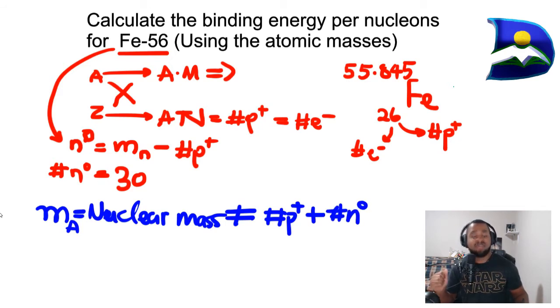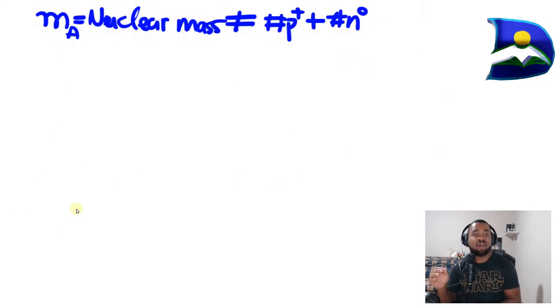And why is this the case? Because when we determine the mass of when the atom holds all the particles in place, like for example, let's say we have 2 protons, 2 neutrons, and 2 electrons.